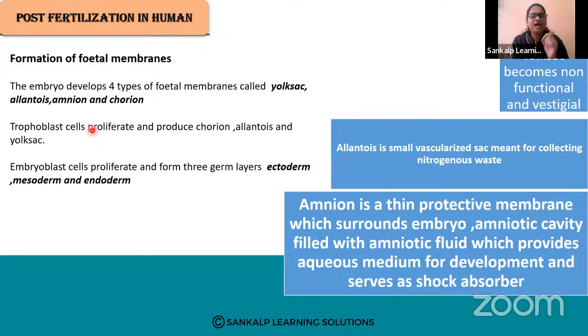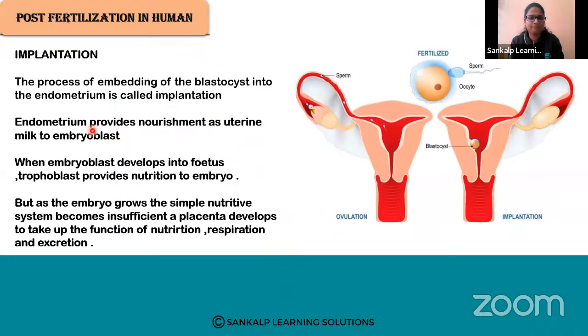Similarly they produce allantois and yolk sac. Outer cells are trophoblast, the cells inside are embryoblast cells. These will proliferate and form three germ layers: ectoderm, endoderm and mesoderm. Trophoblast cells form fetal membranes, and embryoblast cells form the germ layers.